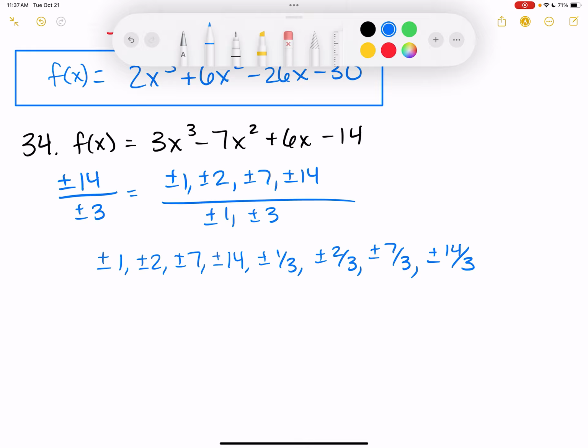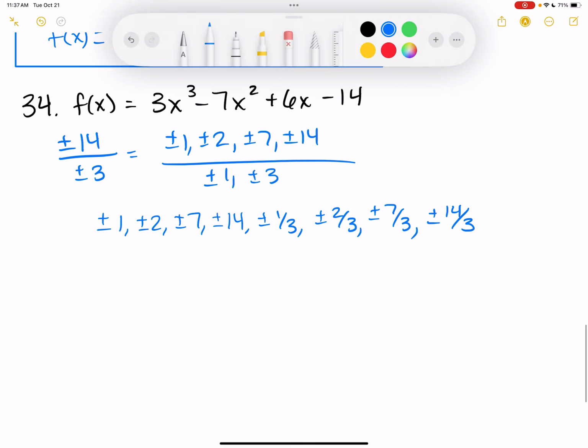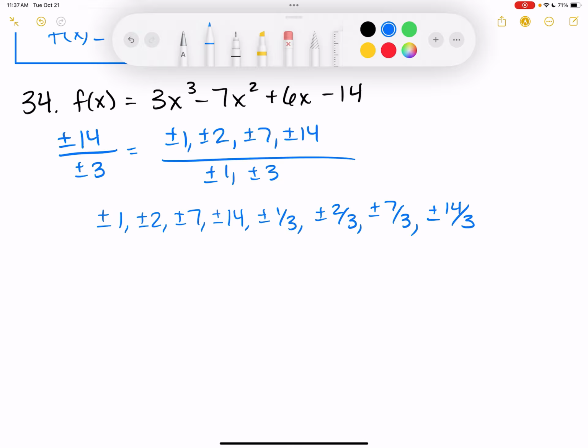All right, so at this point, does anybody remember what my next step was from last year? Calculator. Yep, we're going to plug this function into the calculator and then look and see which one might possibly be the zero. So remember, we just graph it.